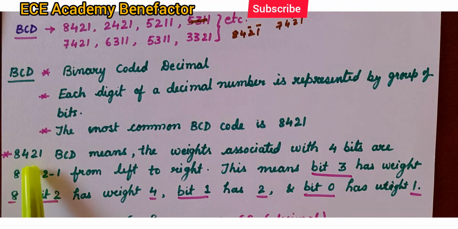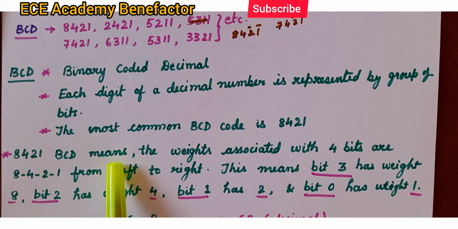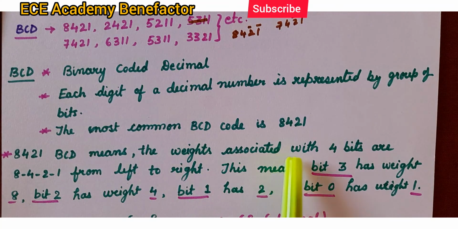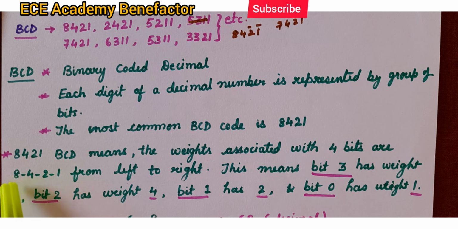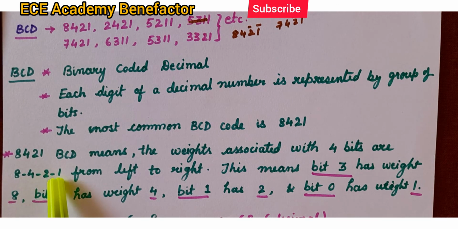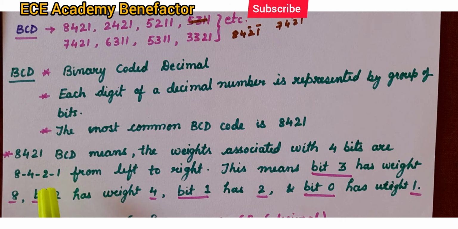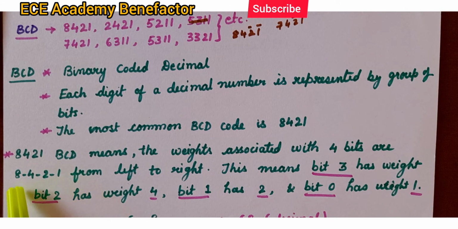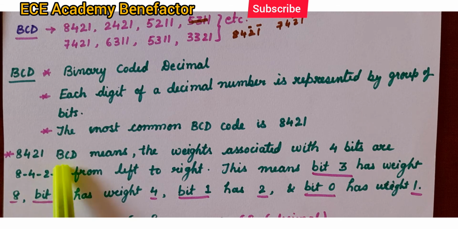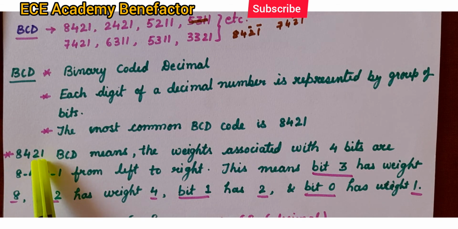Next point, 8421 BCD means the weights associated with the 4 bits are 8, 4, 2, 1, from left to right. Suppose a number comprises 4 bits.